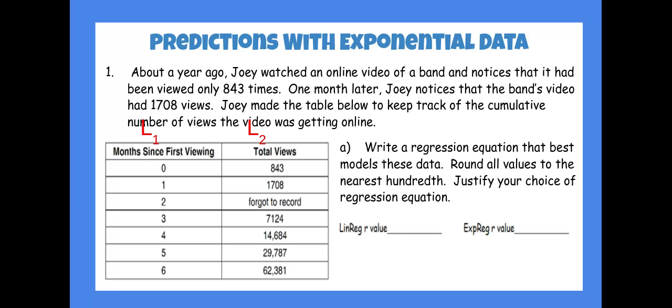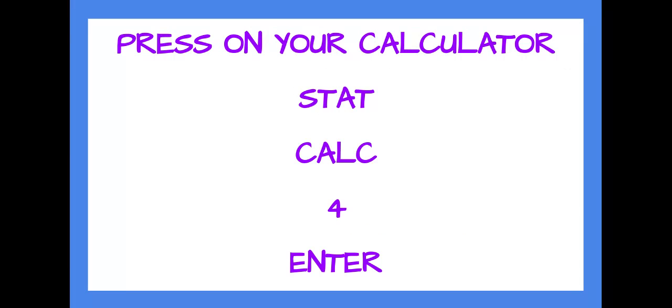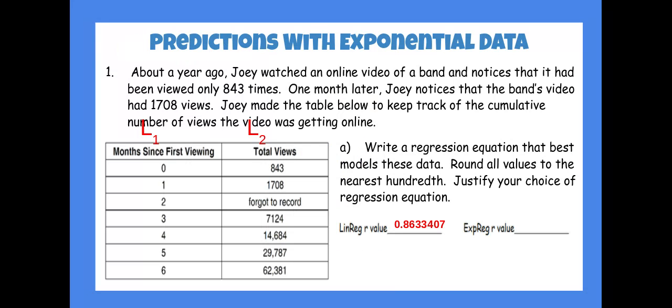Then we're going to look at our R values because we want to see which is the best equation. First, press StatCalc 4 and enter in your calculator to get our linear regression correlation coefficient, which will tell us how strong it is. You should get a decimal of 0.8633407. Please pause the video to do this in your calculator if you haven't done so already.